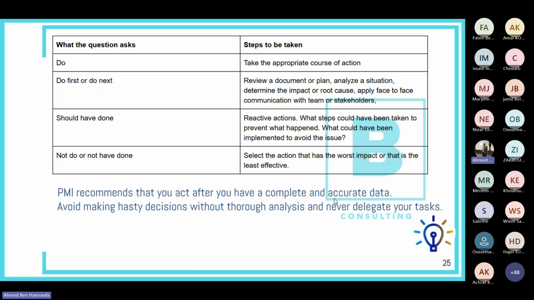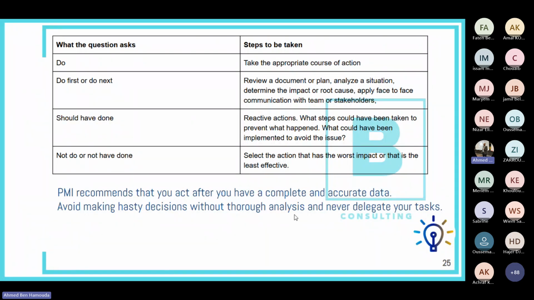So when you're picking an answer for any question in the exam, pick the answer that indicates that you have complete and accurate data. PMI wants you to avoid making hasty decisions in a project without thorough analysis, and again, never delegate tasks. So never pick answers that contain task delegation. Also, don't make decisions if you don't have thorough analysis.